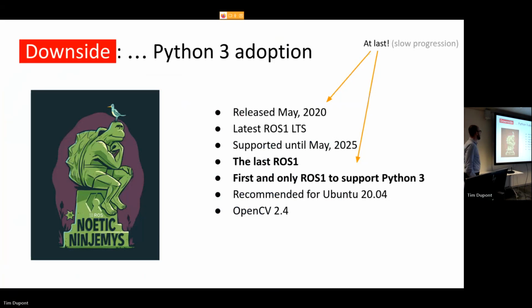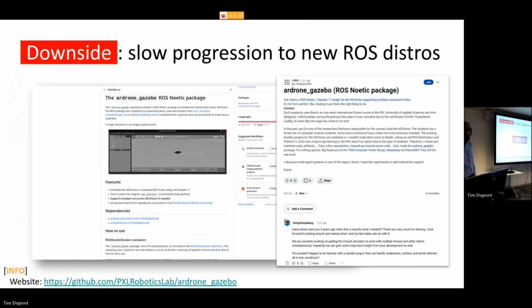It's the last ROS 1 version, supported until 2025. ROS 2 will be used after that, and I will also use Python 3 there. But yeah, the adoption of Python was an example.